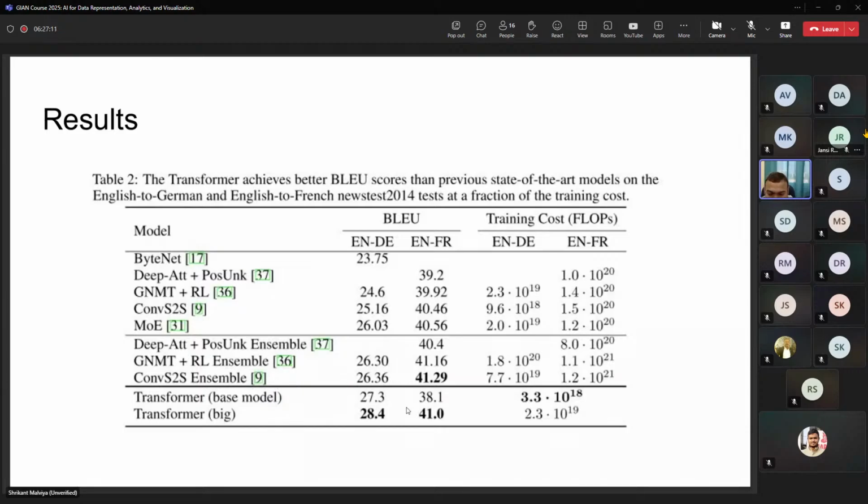This was actually considered a breakthrough in the NLP domain, applying the transformer model to solve many upcoming problems.